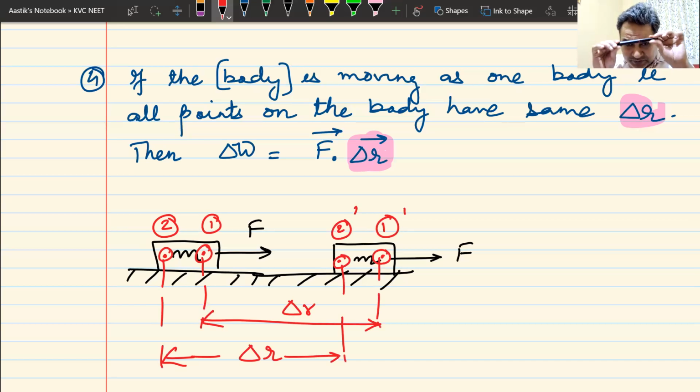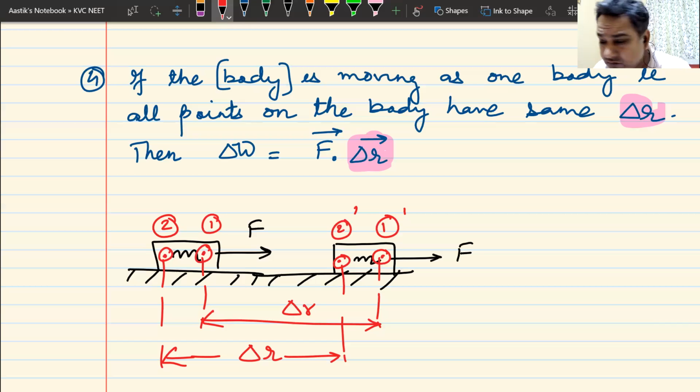The complete body is moving as one unit. This mobile phone has an infinite number of particles, but while I'm moving it like this, all the particles have the same displacement.